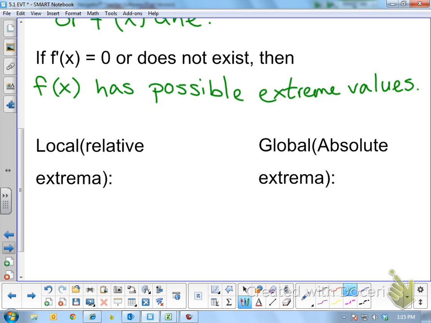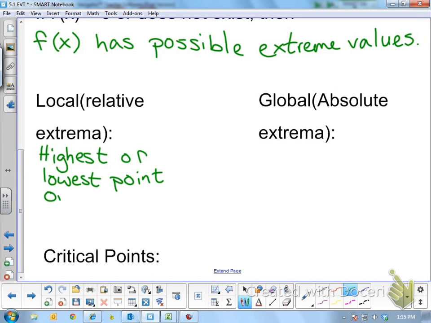It's the highest or lowest point over a small interval. Math notation wise, that gives us the general idea, but not the notation.